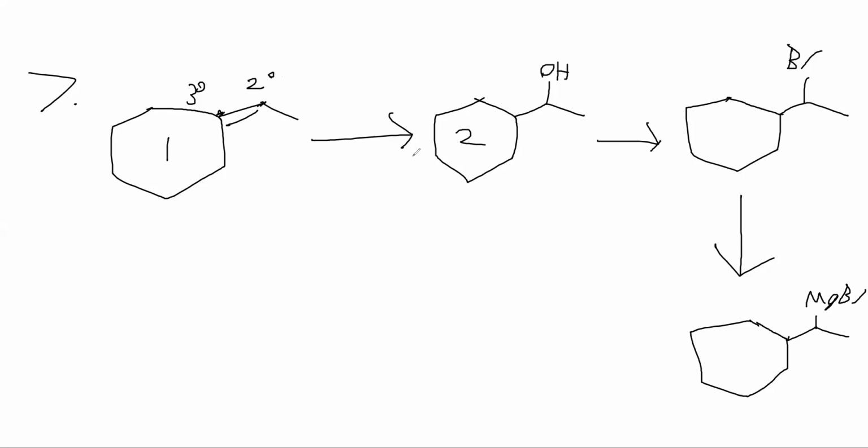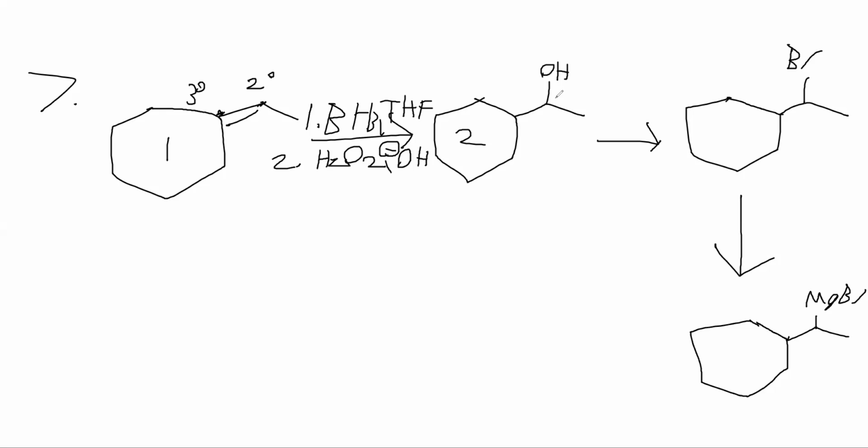In that case, we do the hydroboration reaction, which is 2 steps. The first step is just BH3 and some ether solvent. The second step uses hydrogen peroxide, H2O2, and a base. And that gives the anti-Markovnikov alcohol. So that's the first one.